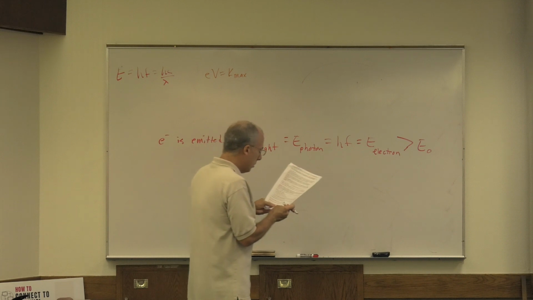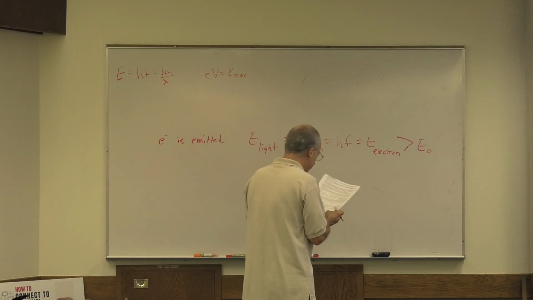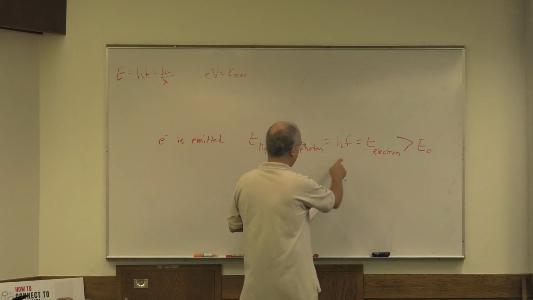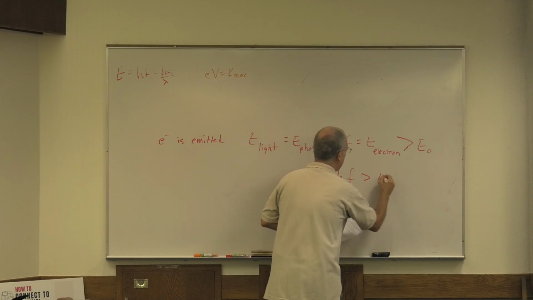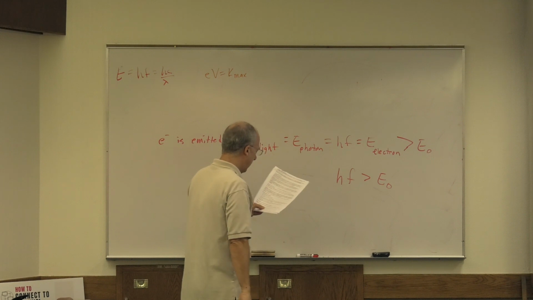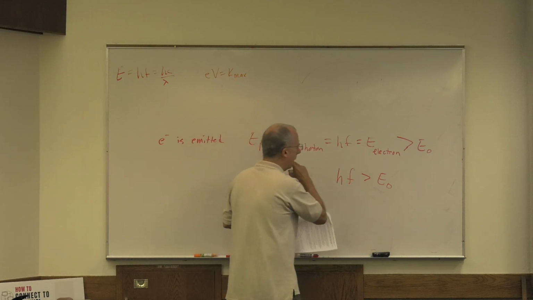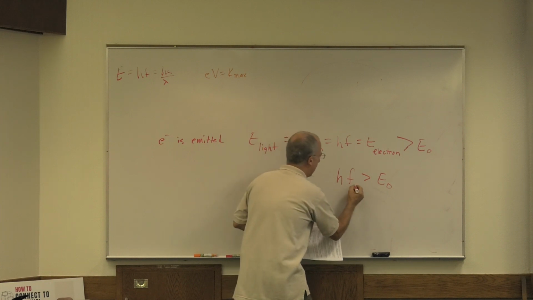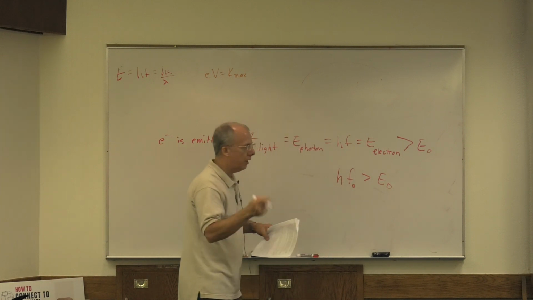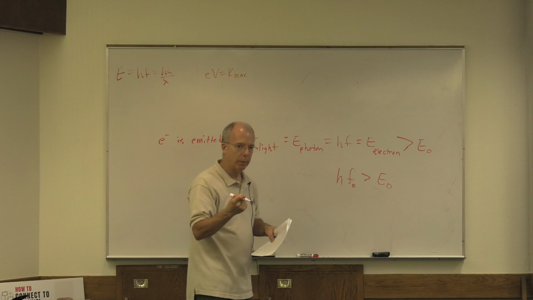That energy has to exceed the work function for the electron to be emitted. So what does that say? It says that hf has to be greater than E0. Let f0 be the threshold frequency.